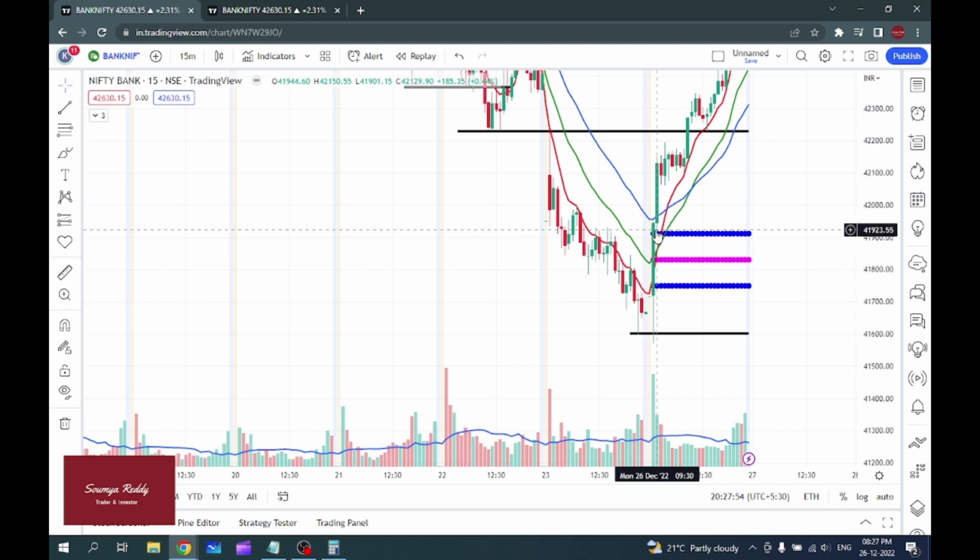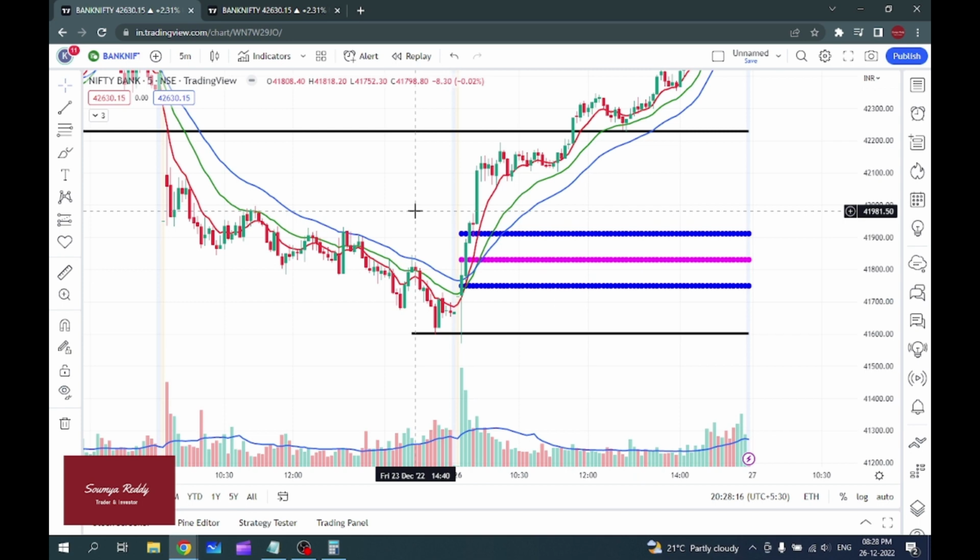So this is the first 15 minutes candle. The breakout was giving two indications: one is the 15 minutes candle breakout, and it was also taking support from CPR, so it was a CPR breakout too.